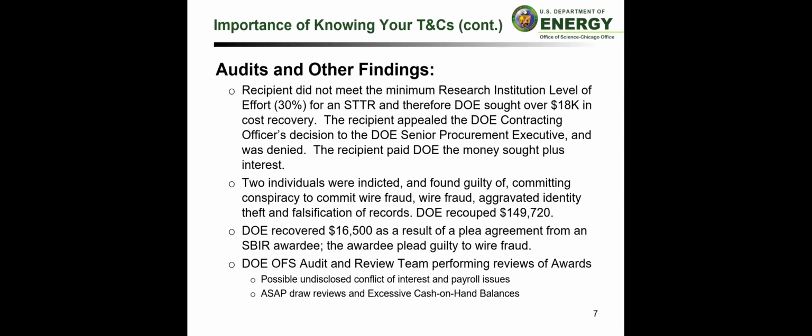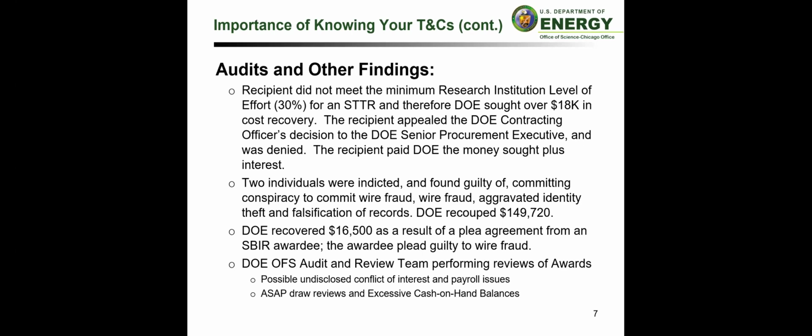The next slide or two just highlights some actual cases where companies were not in compliance and what the remedies were. In one case under STTR, the research institution has to maintain the minimum 30% research effort. And we found out at closeout that the research institution didn't do that.